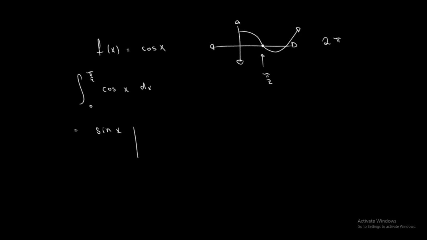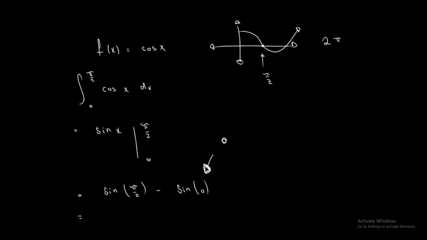So now I want to evaluate it at the points pi over 2, 0. So I can rewrite this as the sine of pi over 2 minus the sine of 0. Now, the sine of 0 is just 0.